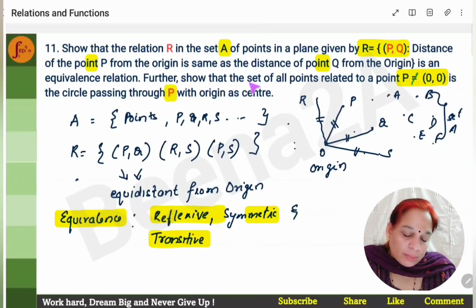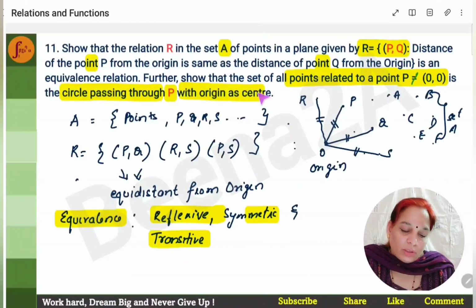Now, let's look at the second part of the question, which says to show that the set of all points related to a point P, which is not equal to origin, right? Origin is (0, 0). Other than the origin, all the points related to point P indicate that a circle is passing through point P with origin as center.